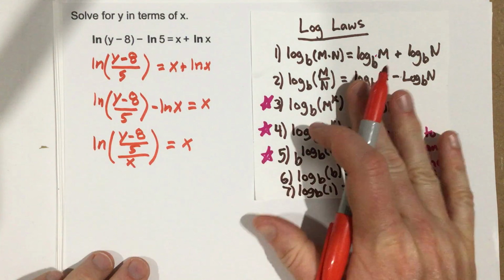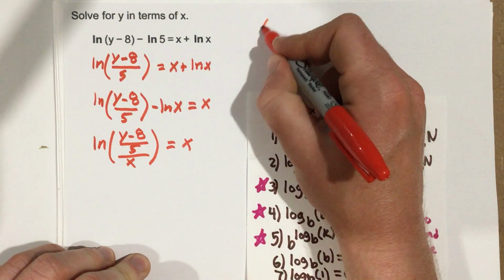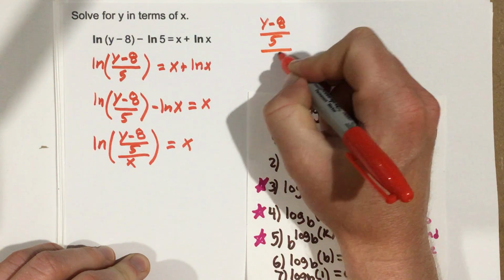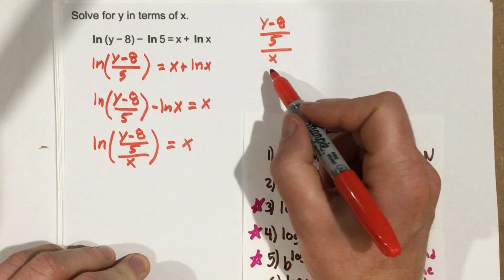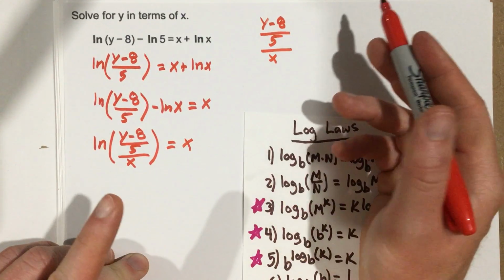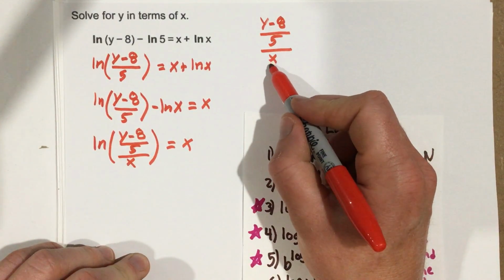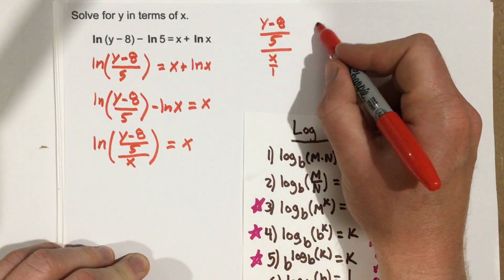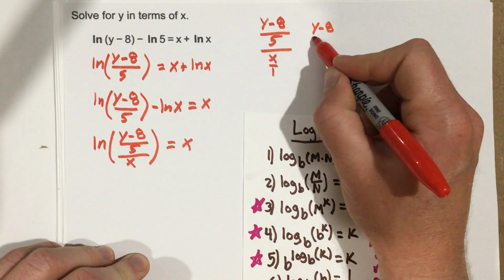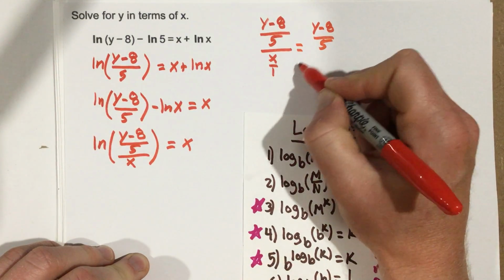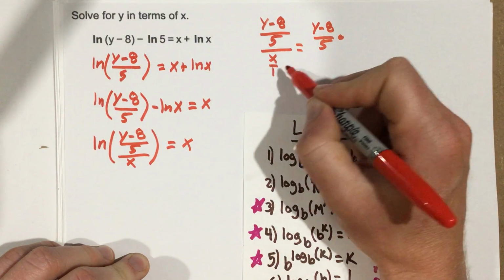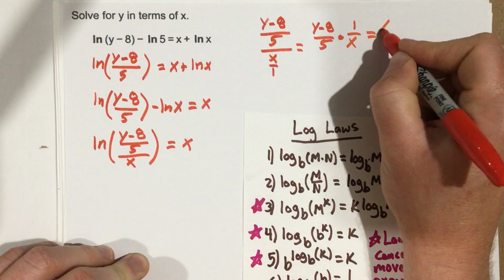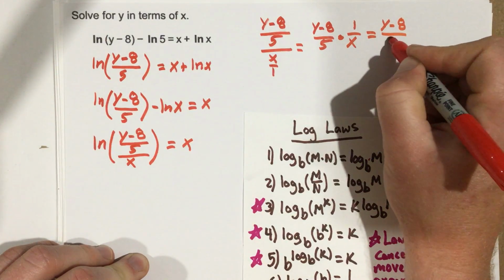Maybe I'll just write it out for you. So you have y minus 8 over 5. When you're dividing by x, remember x is technically an unknown number, but it's like a whole number. We can write it over 1. So when you have a fraction divided by a fraction, you end up taking y minus 8 over 5, which was the top, times the reciprocal of the bottom, which is 1 over x. And you can see you end up with y minus 8 over 5x.